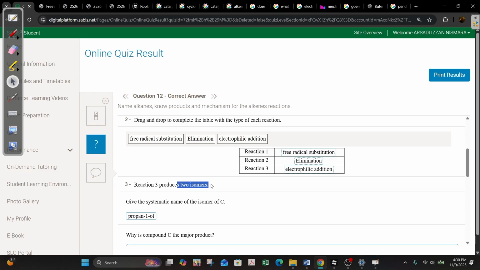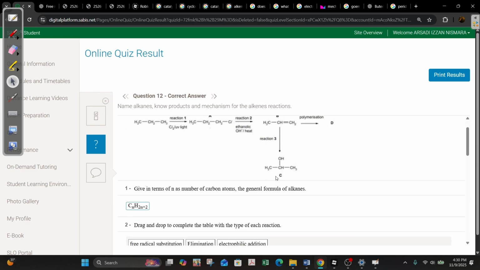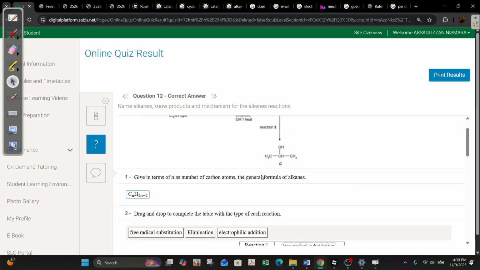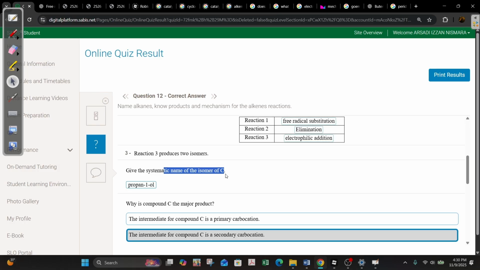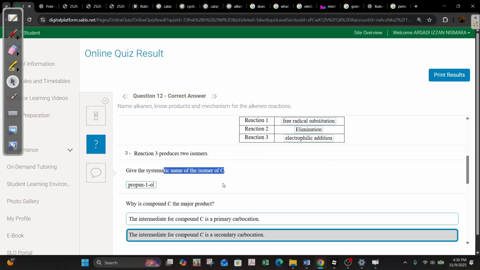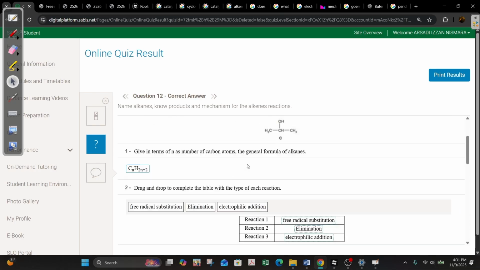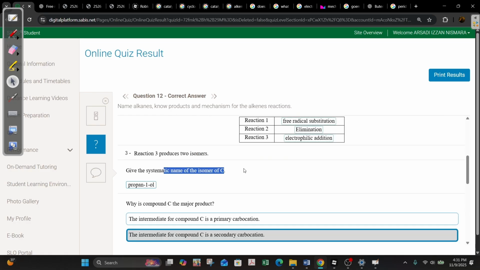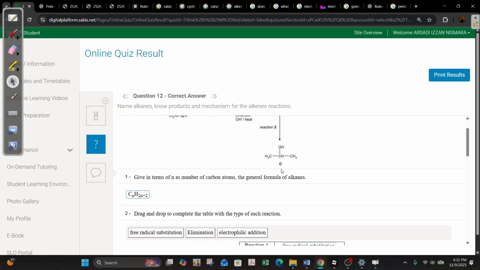Reaction 3 produces two isomers. Give the systematic name of the isomer of C. I think they just want to name propan-1-ol.